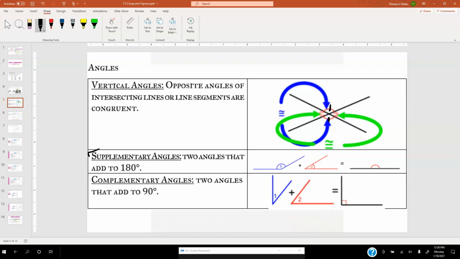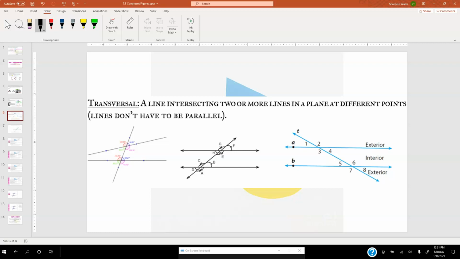I remember that S means straight line, and it's 180 degrees. Complementary angles are any two angles, doesn't matter if they're next to each other or not, that add together to equal a corner. So this is straight line, and this is corner. And corners are 90 degrees. At least you hope they are, because if they're not, it causes problems.